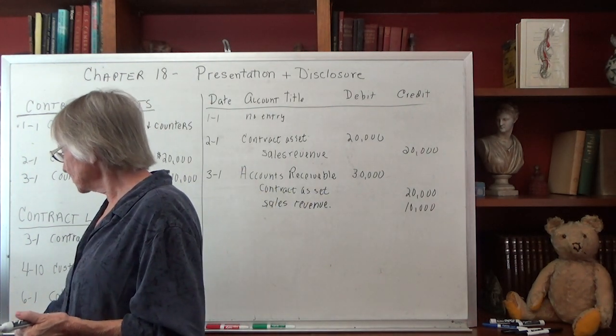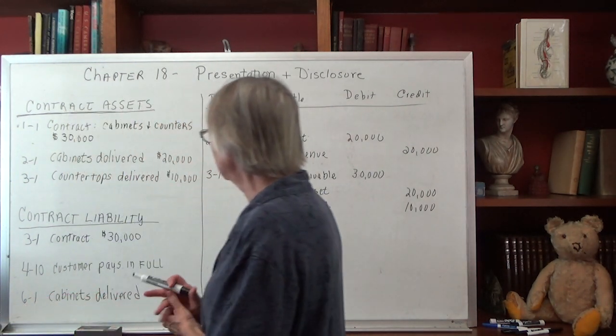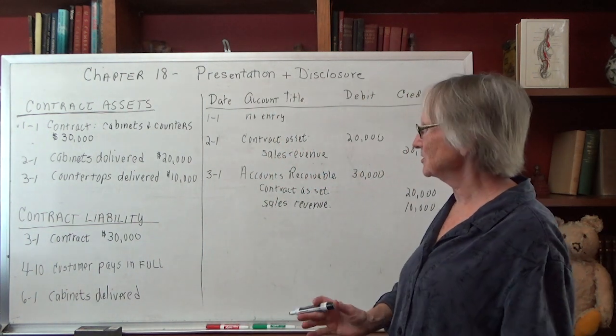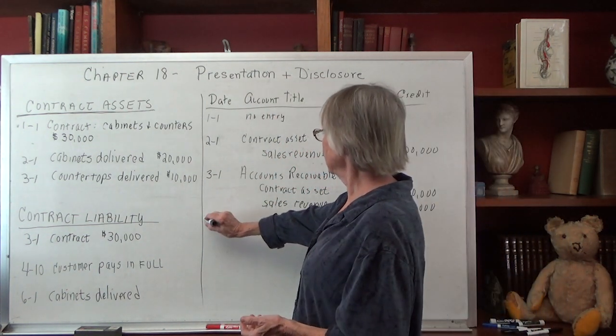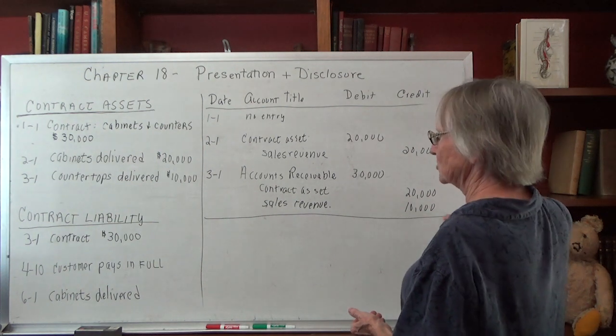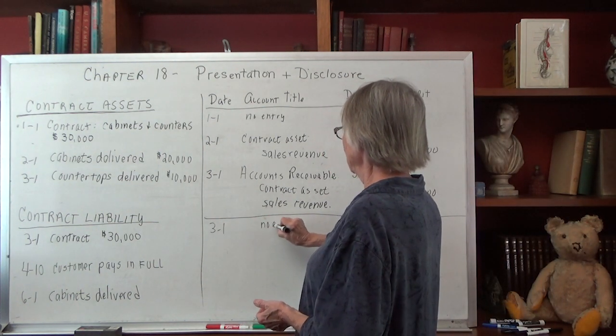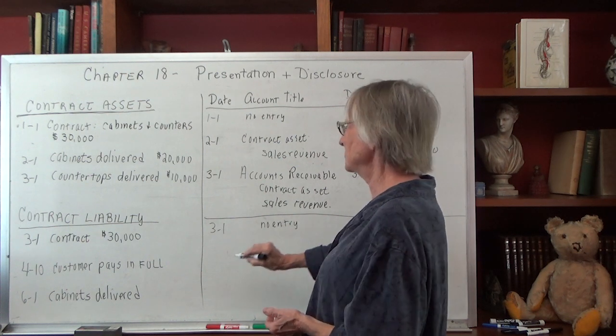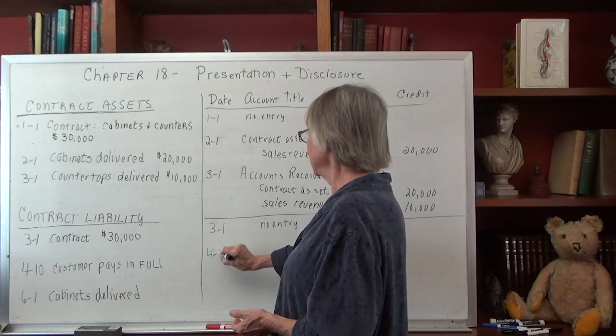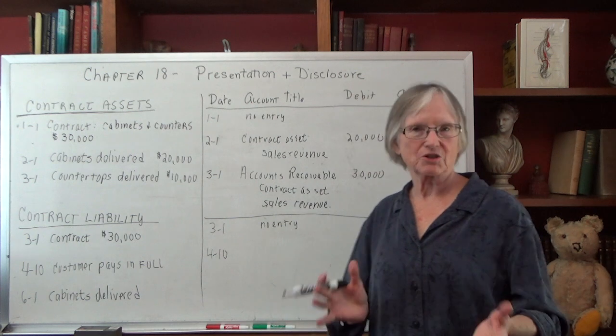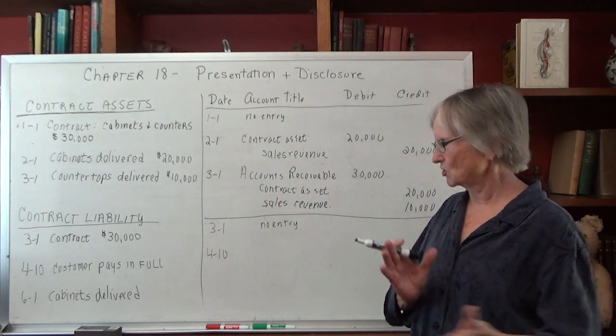Contract liabilities are a little bit easier. This is basically where on 3/1 the customer enters into a contract. There's no entry because nobody's done anything. That's the easy one. On 4/10, if you read the notes, it says the customer's supposed to pay in full and so forth.